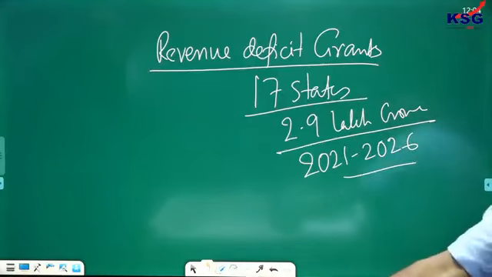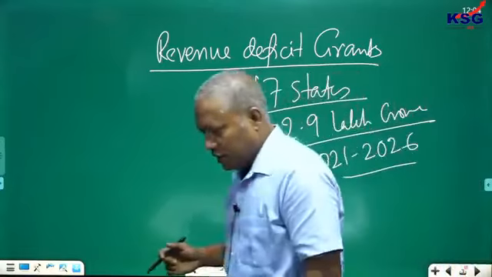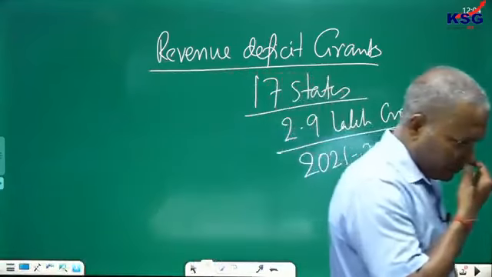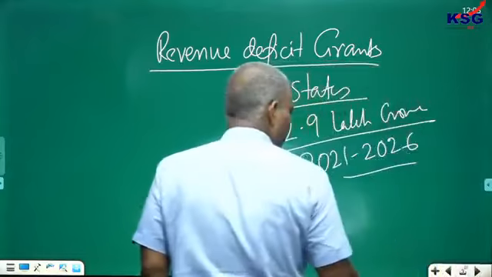Please write first: 17 states will receive grants worth rupees 2.9 lakh crores to eliminate revenue deficit. Clear? Okay.